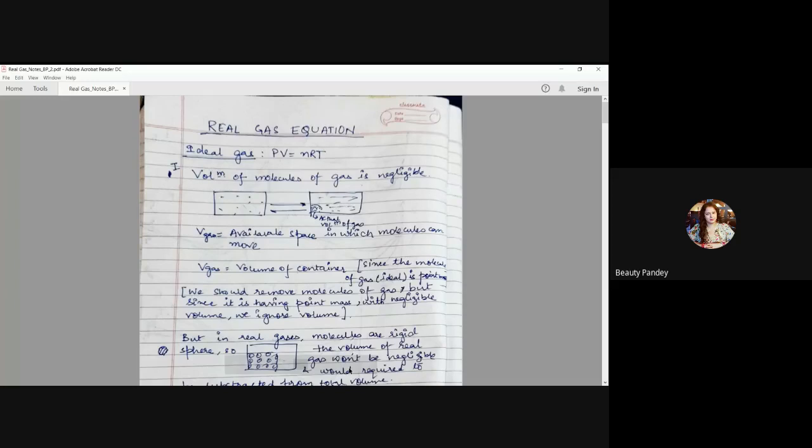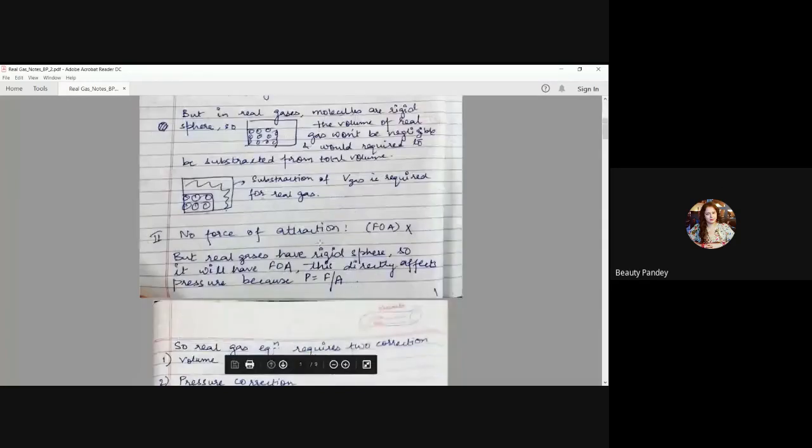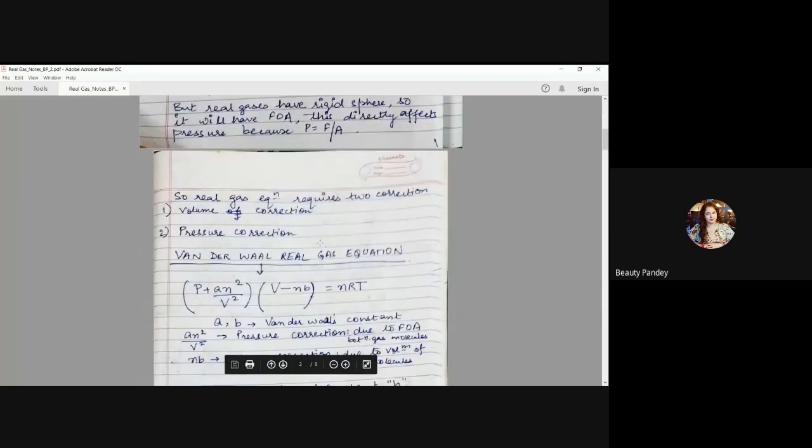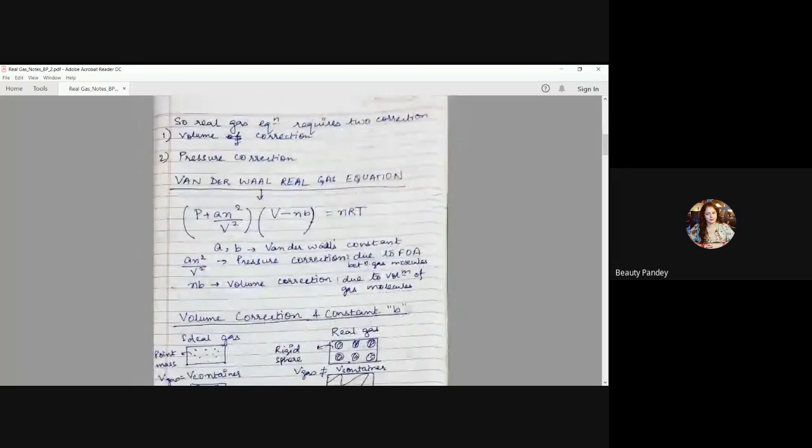Okay. So this was what we were studying yesterday. We found out that we have to do some volume correction and some pressure correction in the ideal gas equation for real gases. And why did we have to do volume correction? Because the real gases are made up of rigid spheres, unlike the point masses that were assumed in the case of ideal gases.